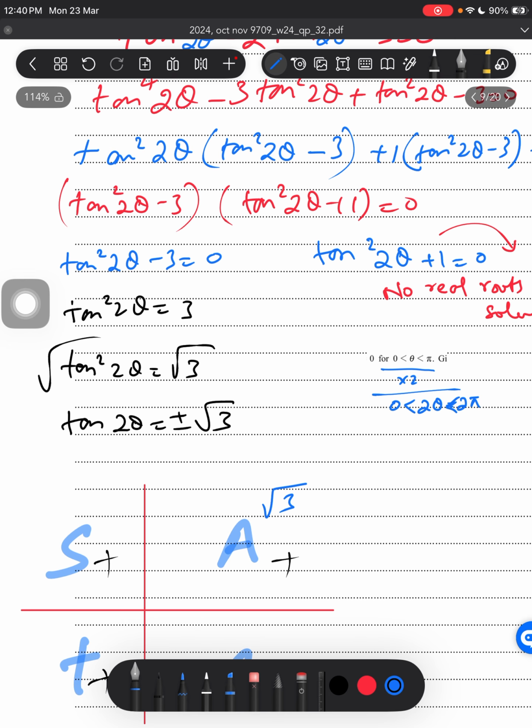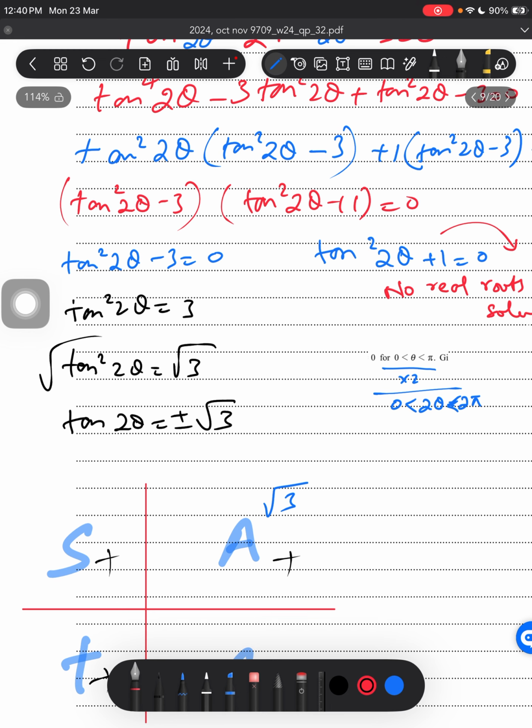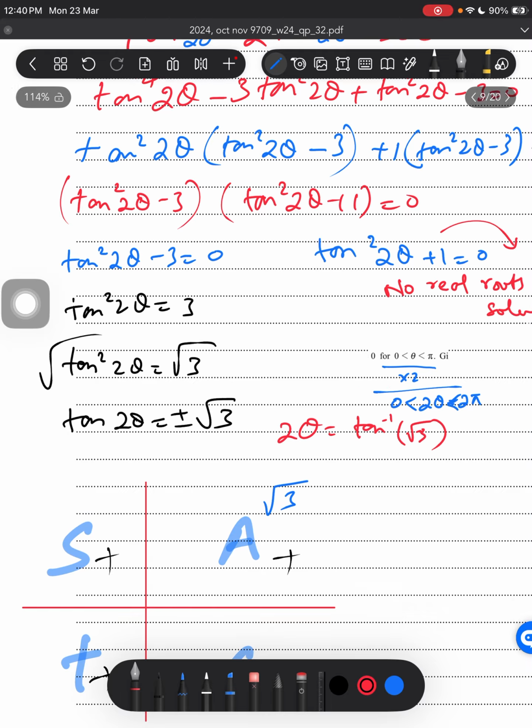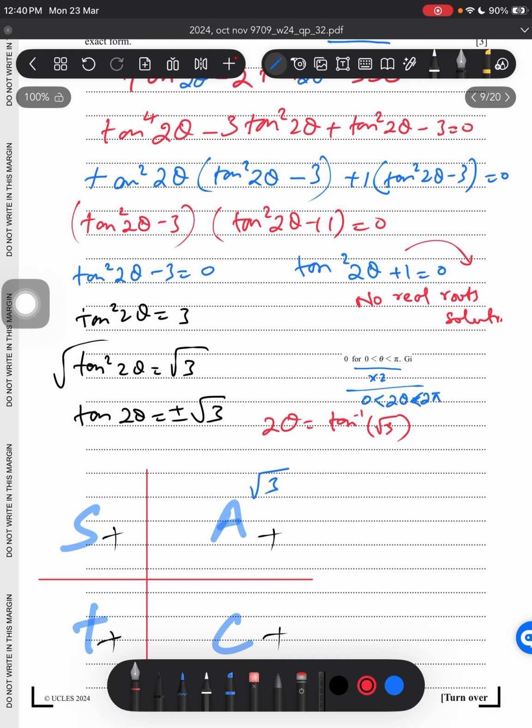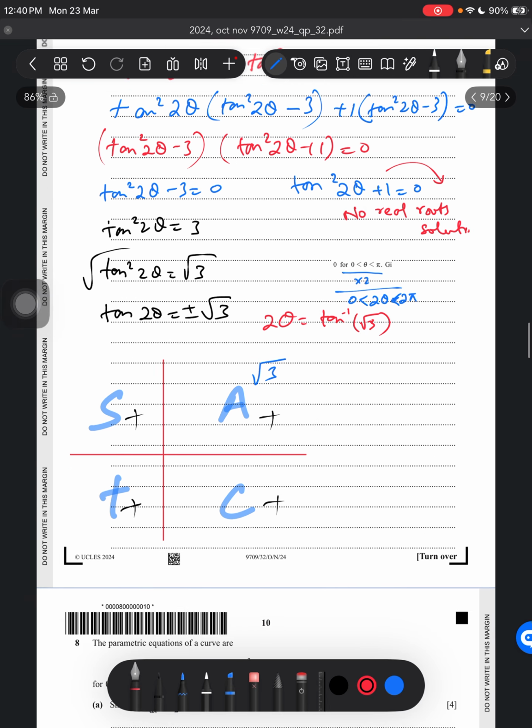And now we can take 2 theta and the inverse of positive root 3. This would turn out to be pi by 3. So pi by 3, this is positive.